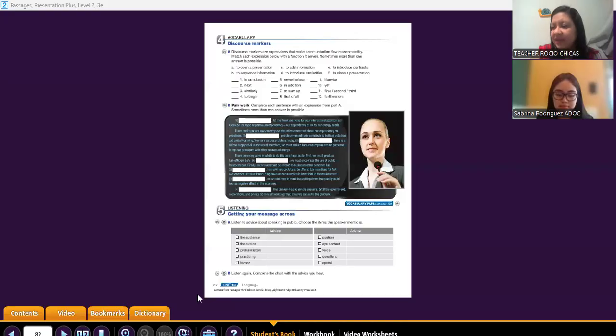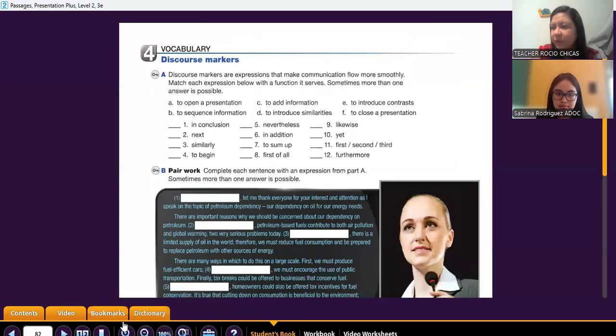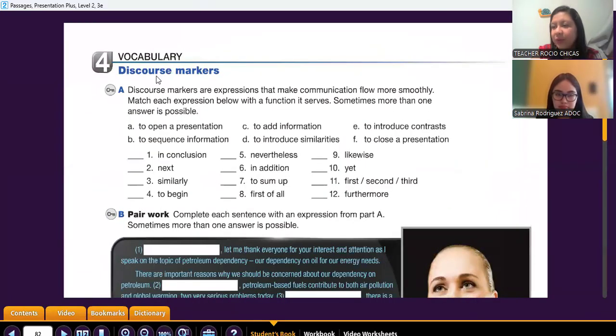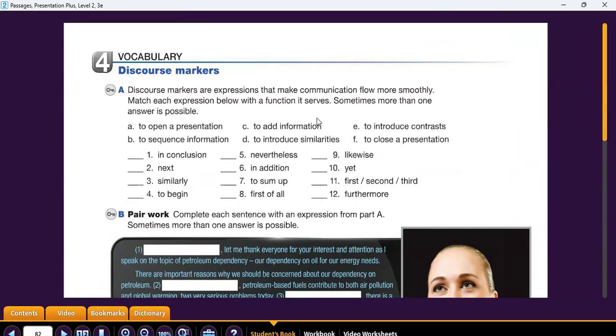Well, we're going to start right now because we are a little behind. So we have here this topic. We are going to learn about discourse markers, which are expressions that make communication flow more smoothly when you speak. You have the different expressions.